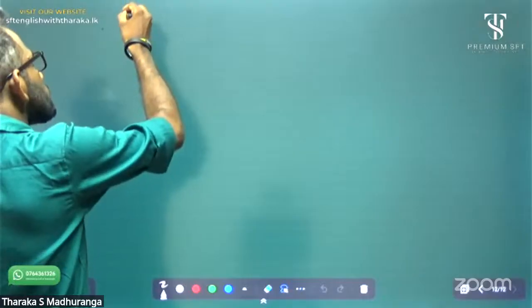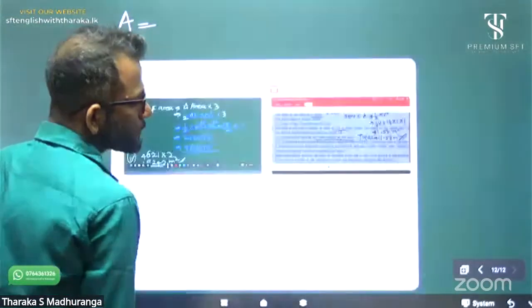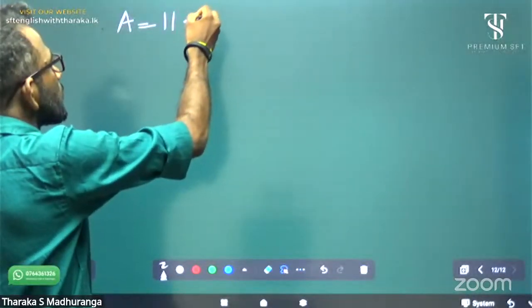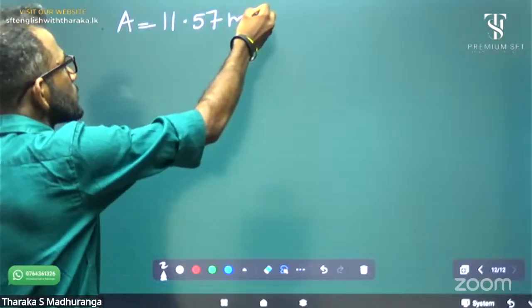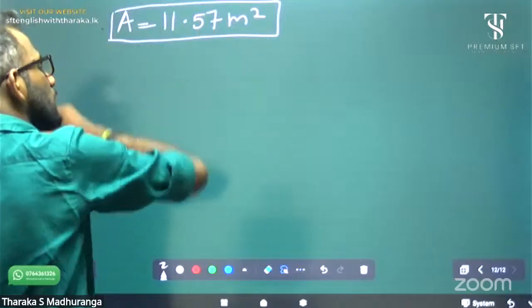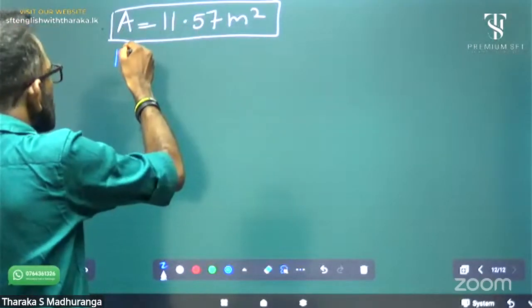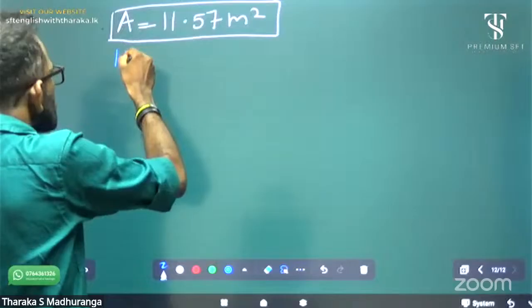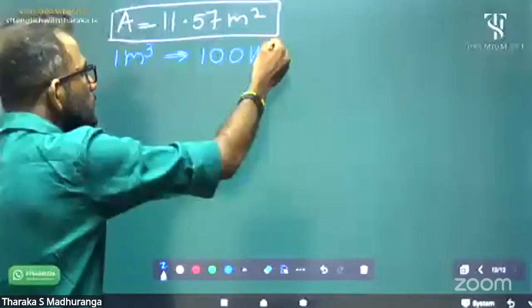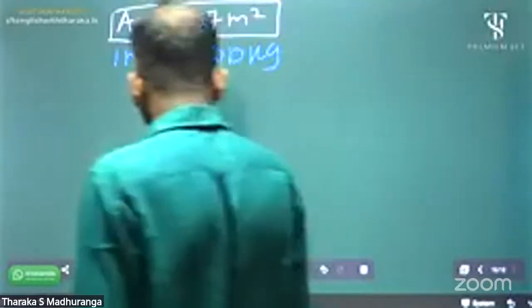Now, the cross section area is 11.57 square meter. For 1 cubic meter, 100 kilogram wood is required.